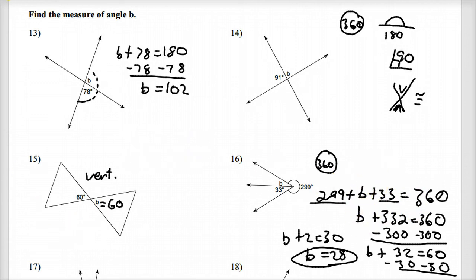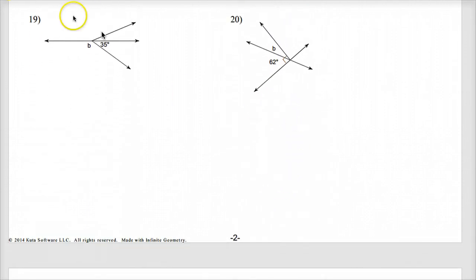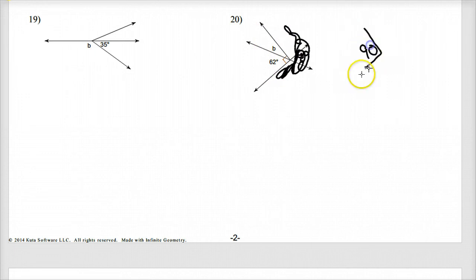All right, let's do more. Number 20 looks interesting. Because if you notice on number 20, it's got a right angle in it. So I don't care about all this junk out there. I'm focusing on this corner piece, and that corner is total 90 degrees.